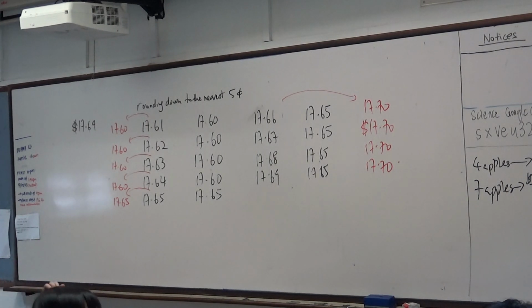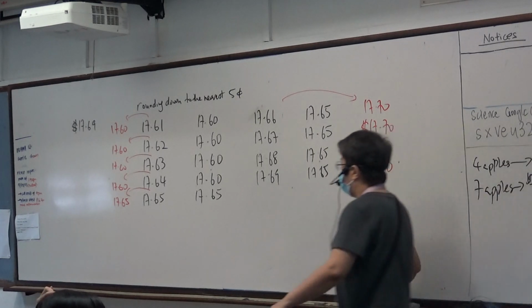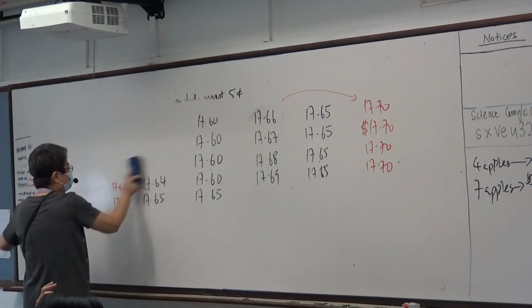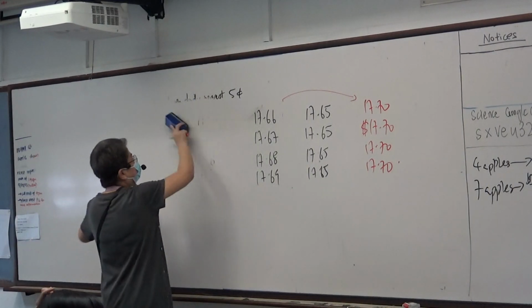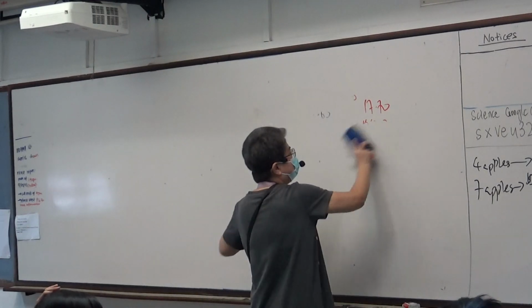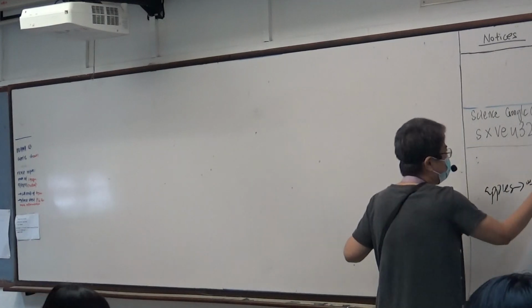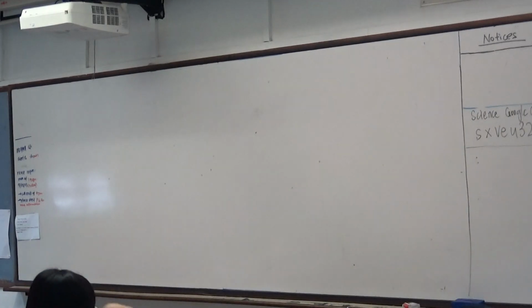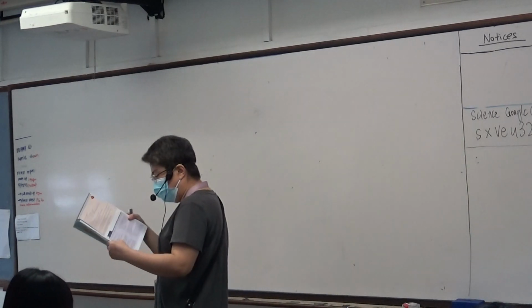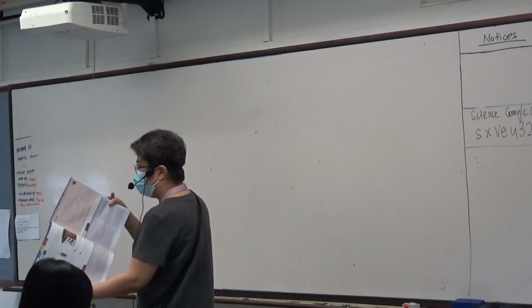Everybody okay? Alright, good. Next, can we look at question 18 on page 18? Okay, let's read the question first. Shop A sells a pair of shoes at $80.50 before a 20% discount.